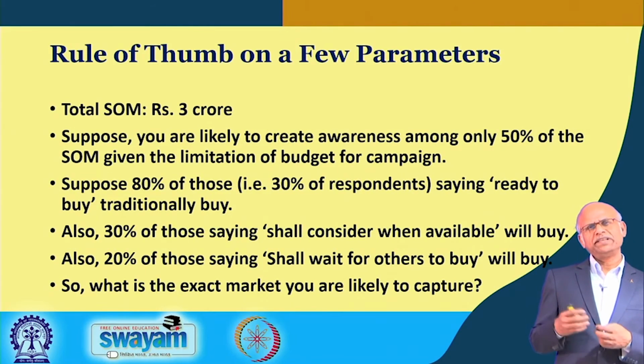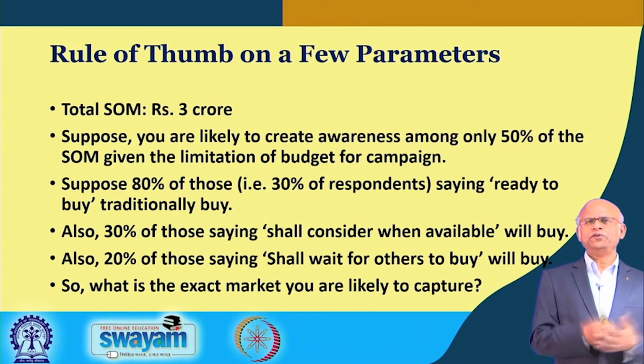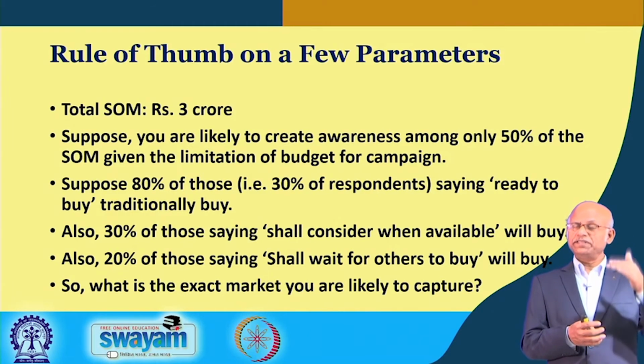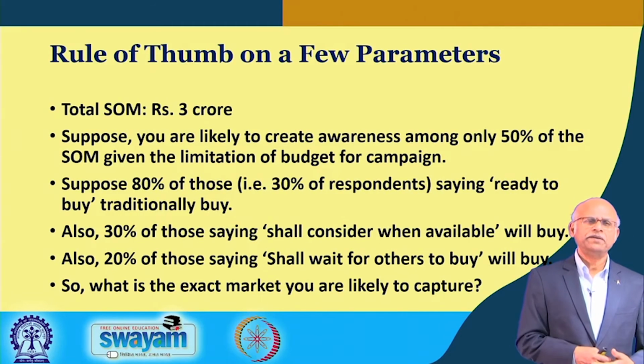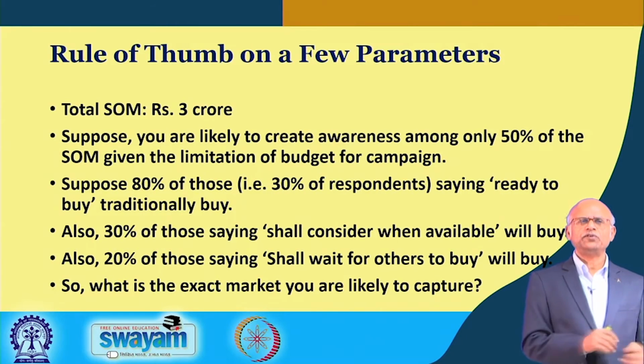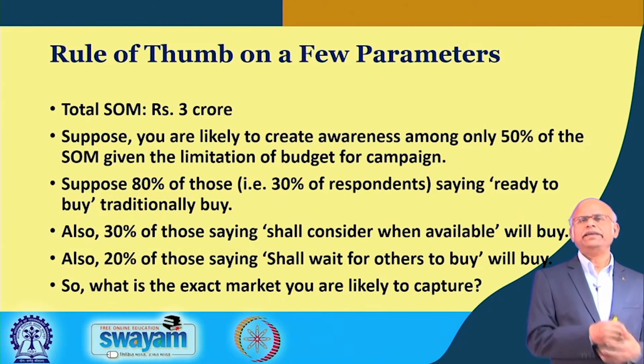And people who say that they shall wait for other people to buy, only 20% of them get converted into real buyers. So, you have these 3 data points which are rules of thumb, and they actually work, meaning that they do not go absolutely haywire, they really help.